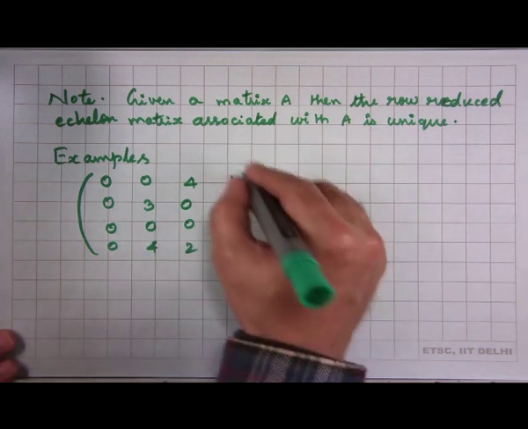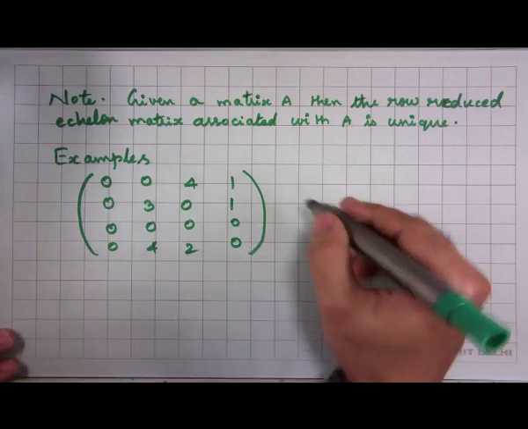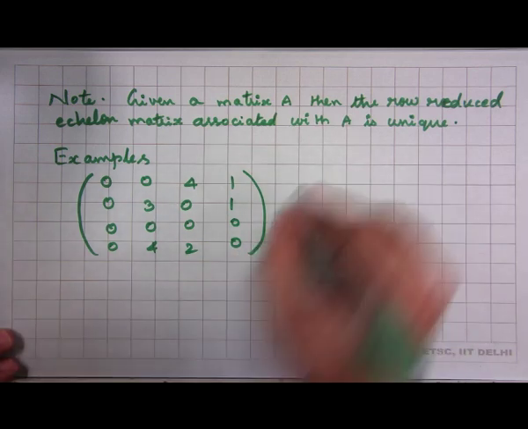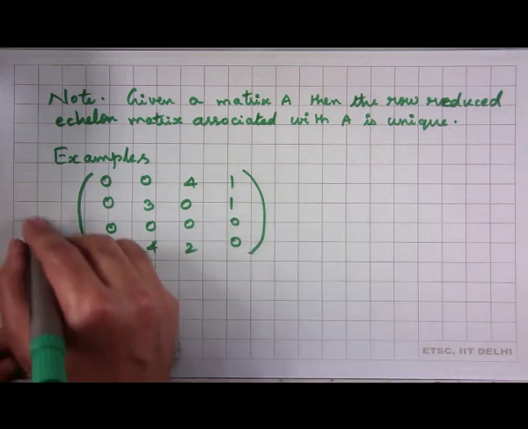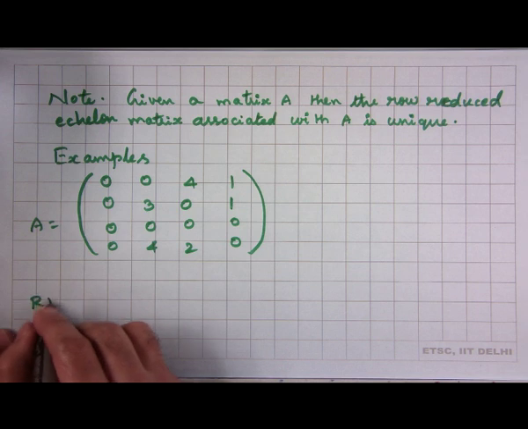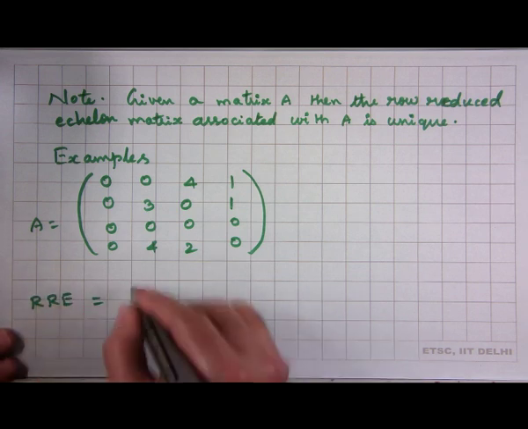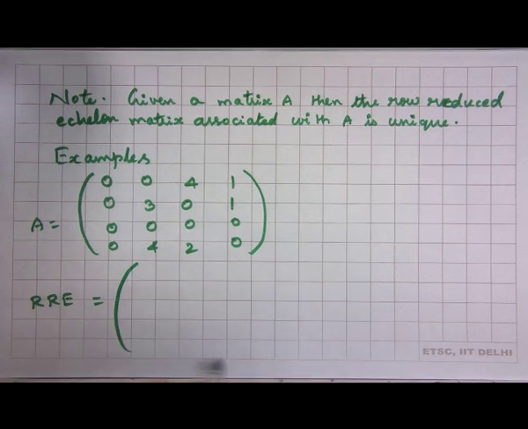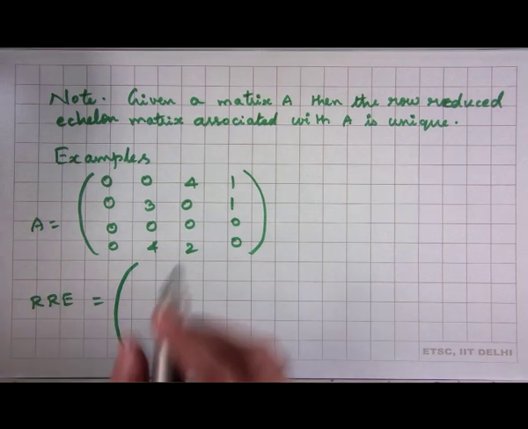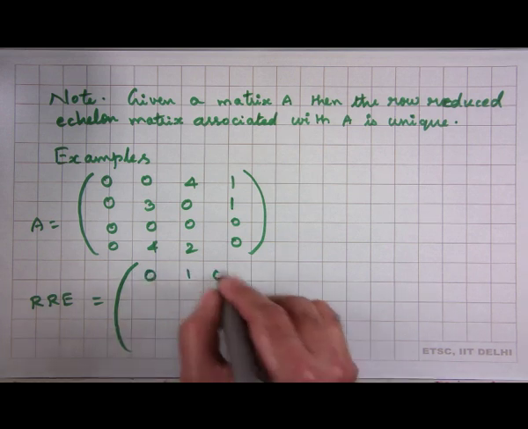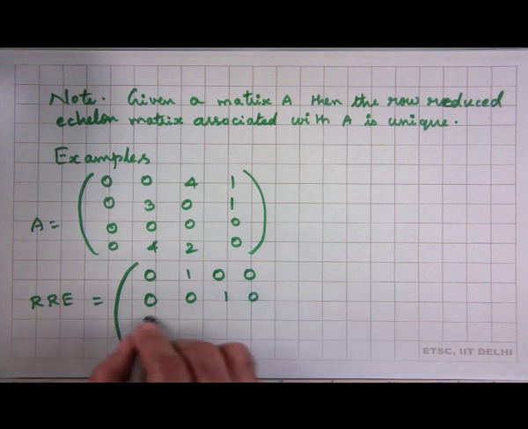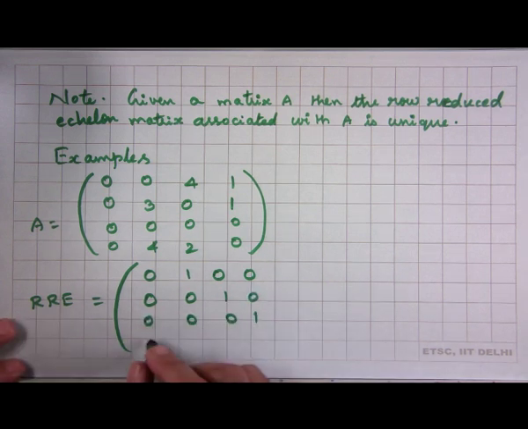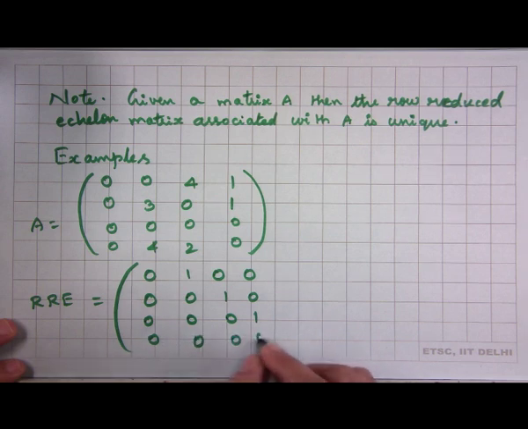This was the matrix that we had, and the RRE corresponding to this is [0 1 0 0; 0 0 1 0; 0 0 0 1; 0 0 0 0].